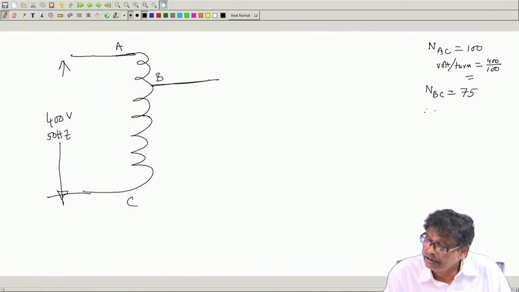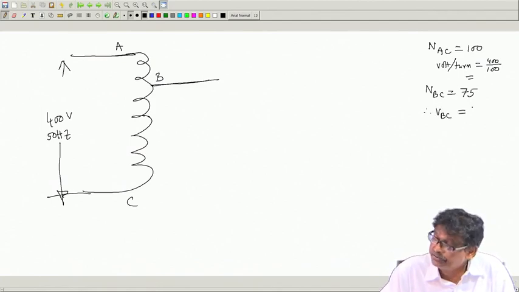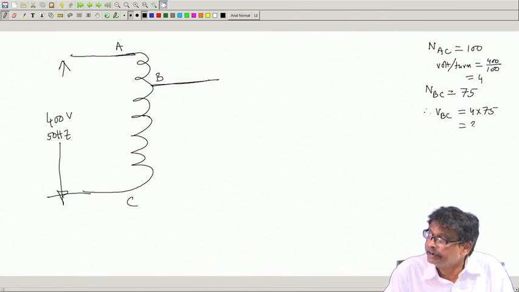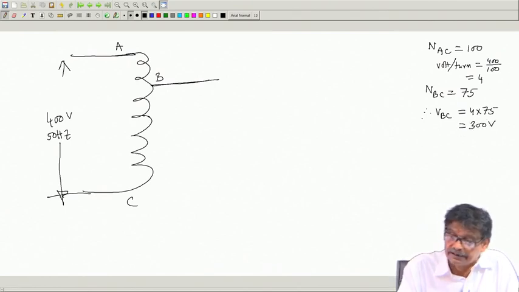Therefore, I will immediately calculate V BC, the voltage available between these two. This was 4 volt per turn, so 4 into 75, that is 300 volt I will be getting.